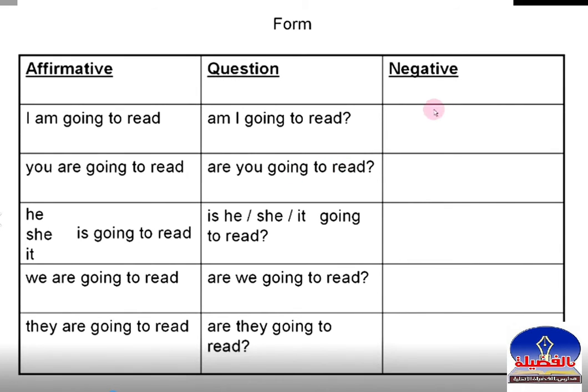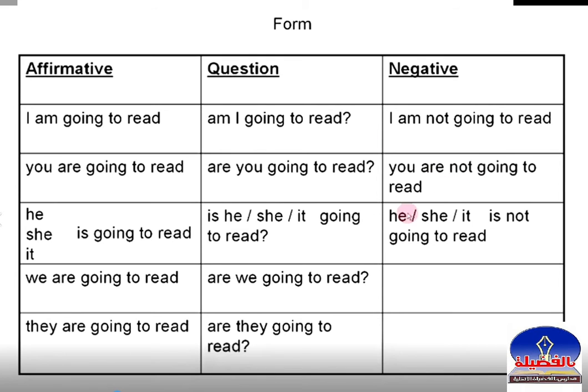And finally, let's look at the negative form. I am not going to read. You are not going to read. He, she, it is not going to read. We are not going to read.